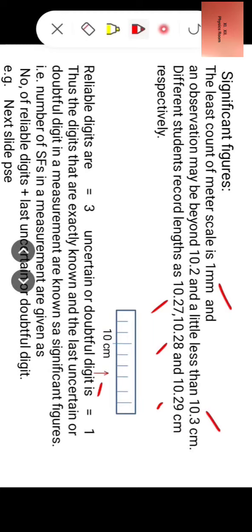Now here the reliable digits are 3. 10.2 is reliable. The uncertain or doubtful digit is 1, that is 0.07, 0.08 or 0.09.